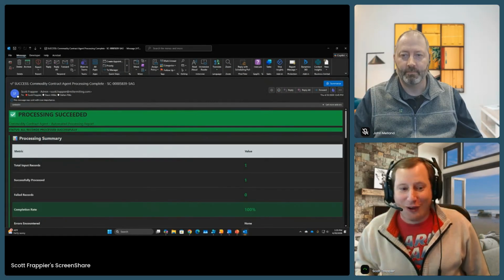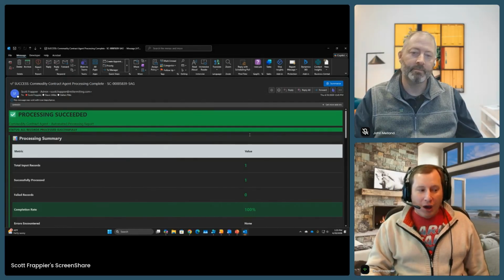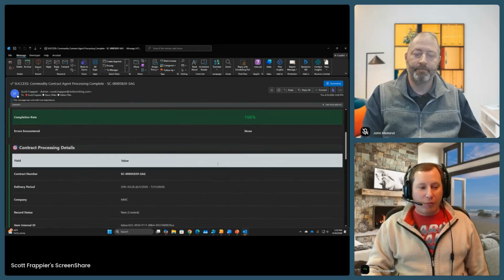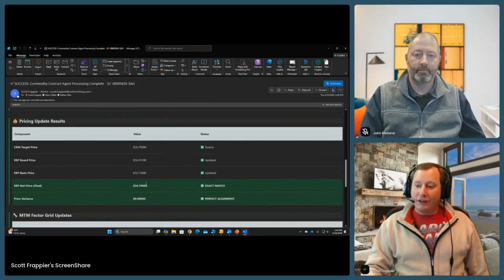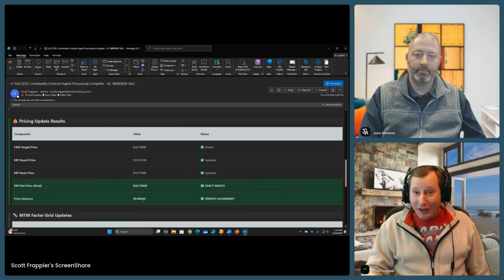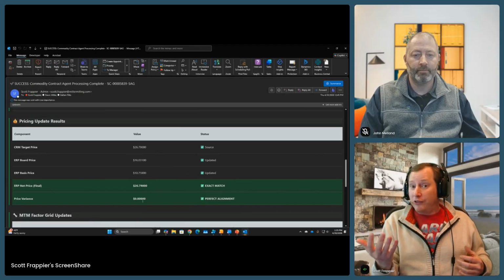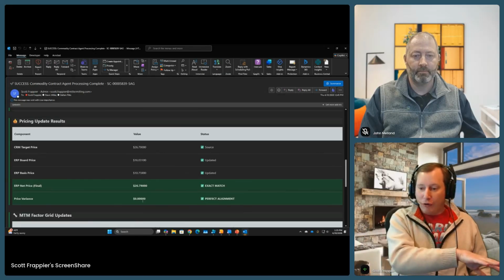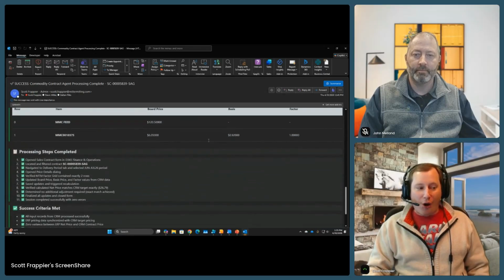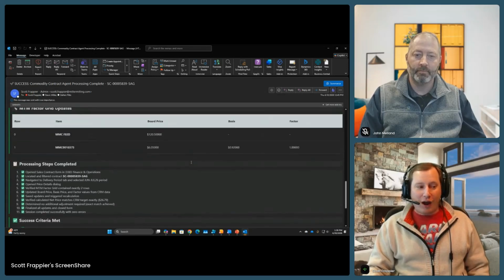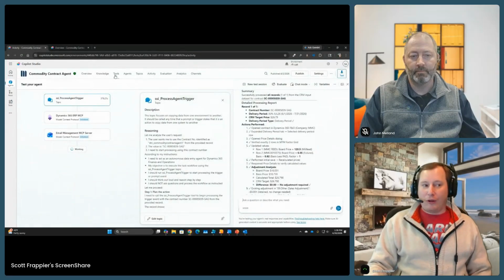Part of the instructions I gave the agent is, after you are done processing, please send me an email with all the details: whether it processed successfully, what delivery period was updated, what pricing details were involved, and was there a rounding issue between the two systems, because we're entering these contracts in our CRM system and then copying them over to the Levridge solution. You can see it gives me all of the content needed to craft this email and understand what was happening.